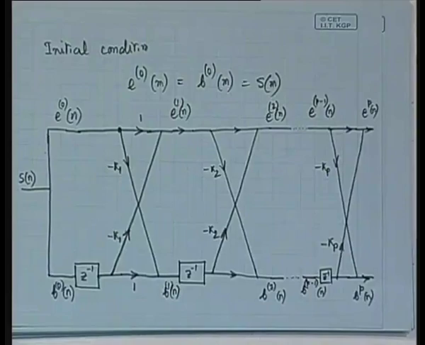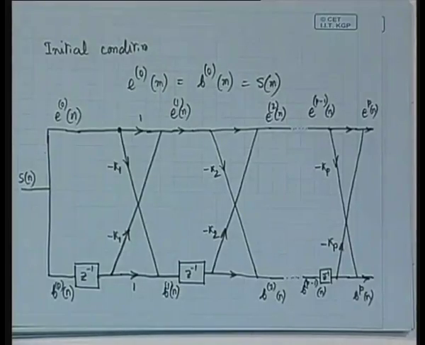Ultimately these Kp's are going to give you the coefficients. Just refer to your earlier notes. Ultimately you are not interested in Ep and Bp, you are interested in these coefficients only. The first iteration gives us K1, the first estimate, and the last one is going to give us Kp.